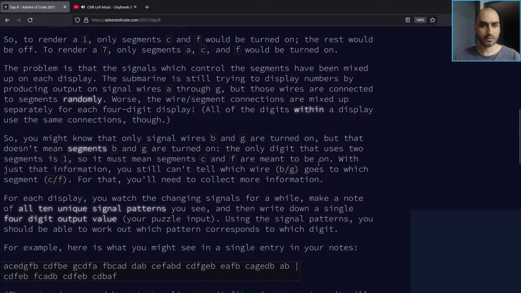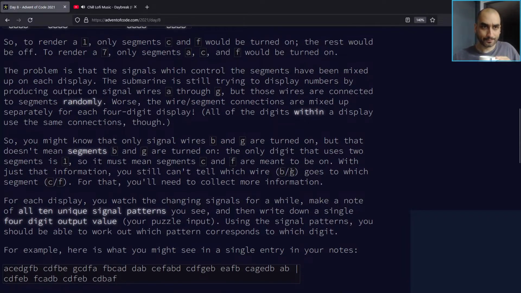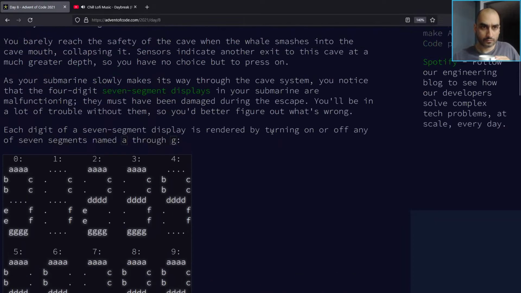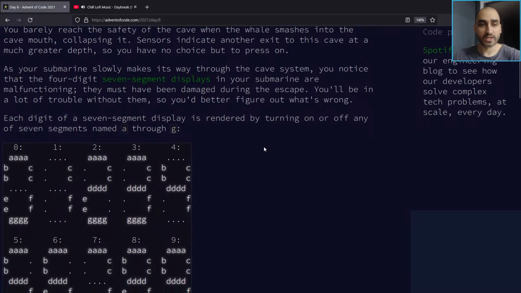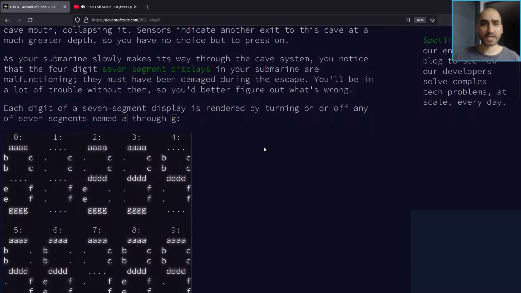Right? With just that information, you still can't tell which wire BG goes to which segments CF. Wait, so... So they're talking about if we're trying to display a 1.